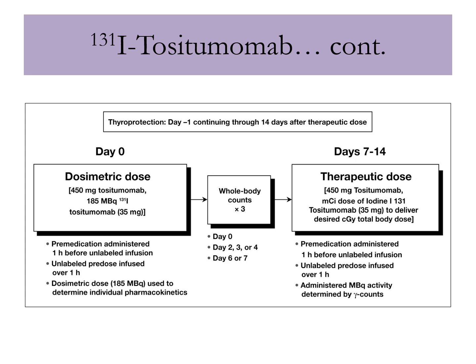In the treatment step on day 7, 450 milligram of cold tositumomab is infused IV over a period of 60 minutes, followed by infusion of the therapeutic dosage of iodine-131 tositumomab, about 35 milligram, over 20 minutes.